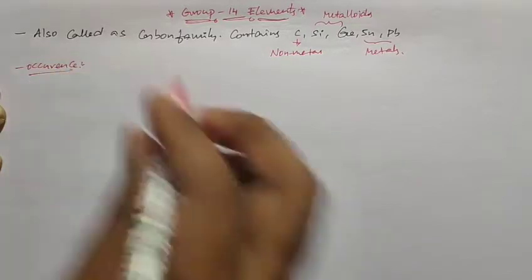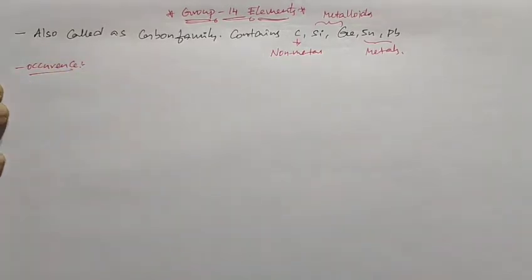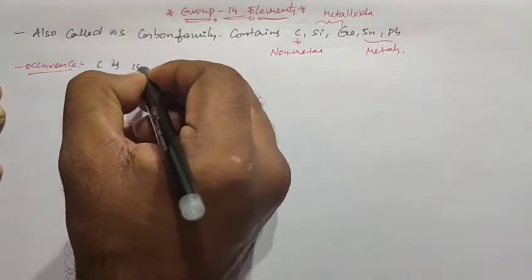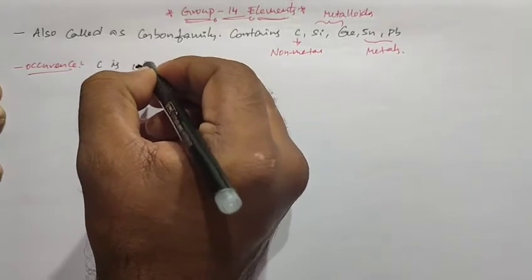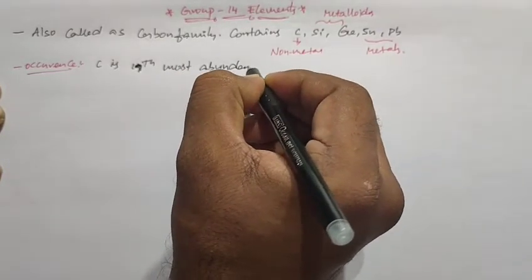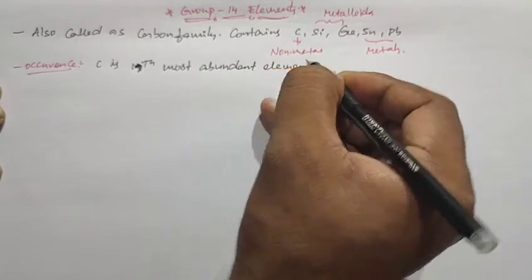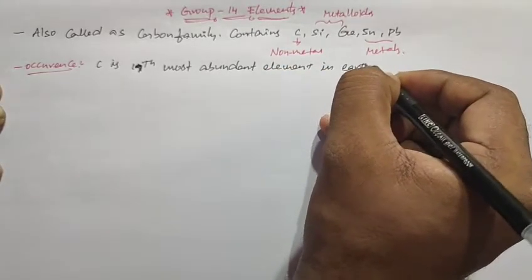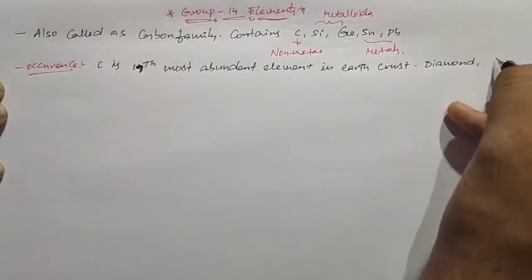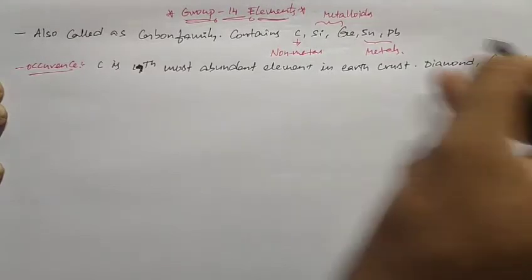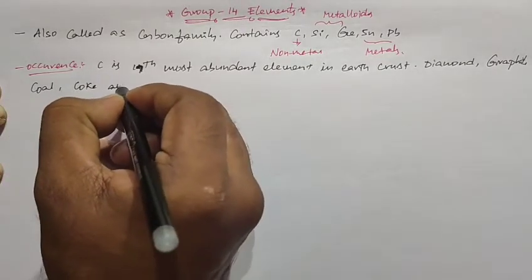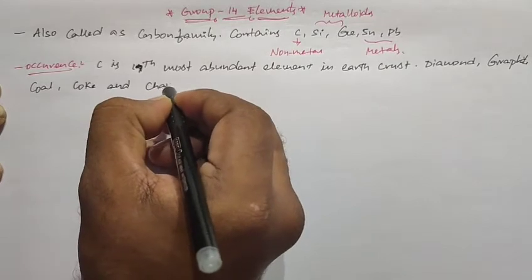Occurrence. First is carbon. Carbon is the 17th most abundant element in the earth's crust, and carbon is available in the form of diamond, graphite, coal, coke and charcoal.